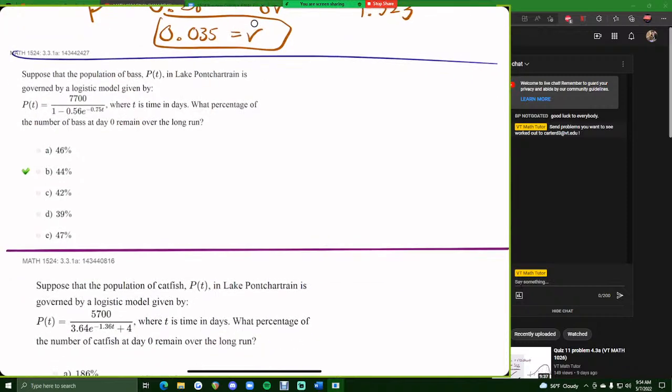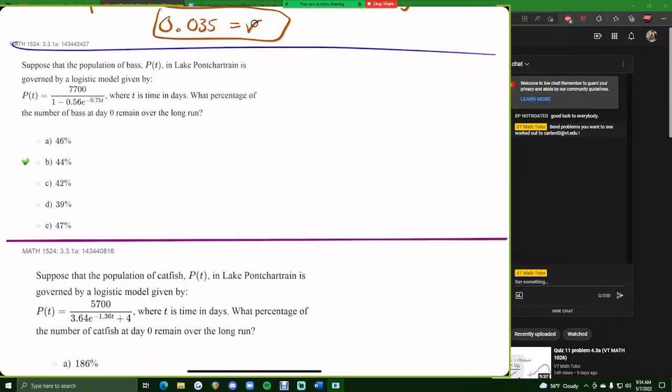Cool little problem here. I really just want to go over the shortcut for it, just in case it pops up. You have a quick way to go about it. In any of these problems where they're talking about population of fish, you identify the two constants in the denominator. One of them is not attached to an E term. That's the 1. One of them is attached to the E term.